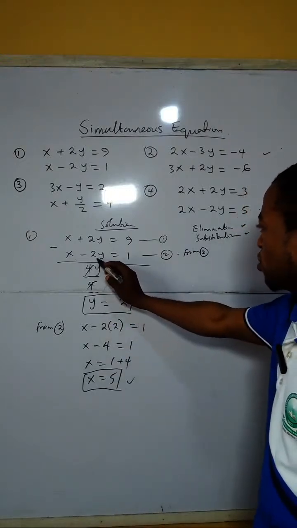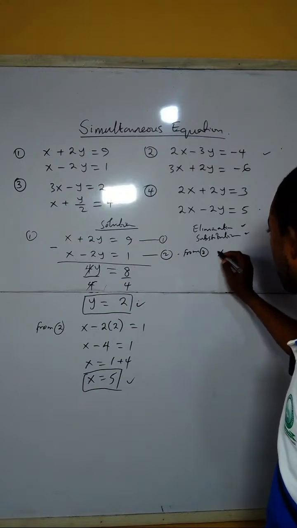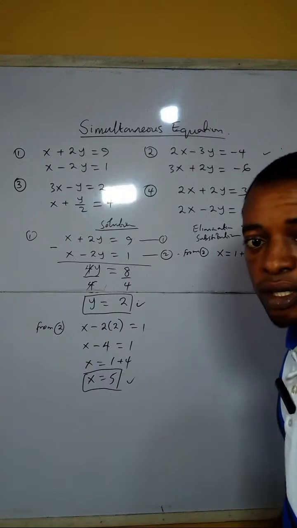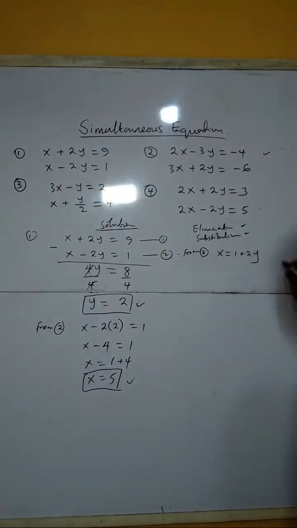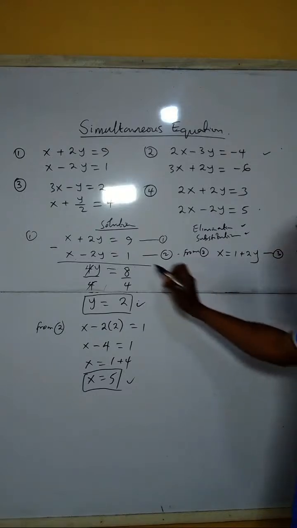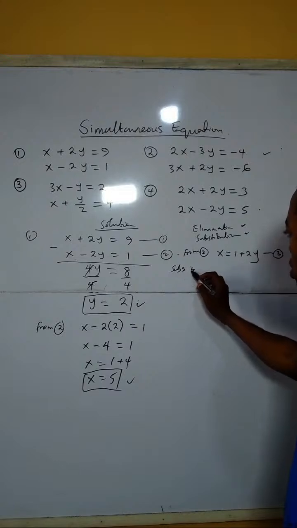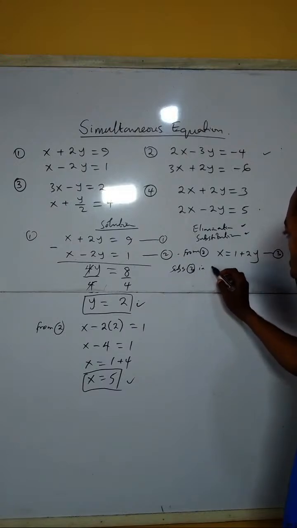That is, take minus 2y across, it becomes plus. So x now equals 1 plus 2y, which we can call equation 3. Now substitute equation 3 in equation 1.